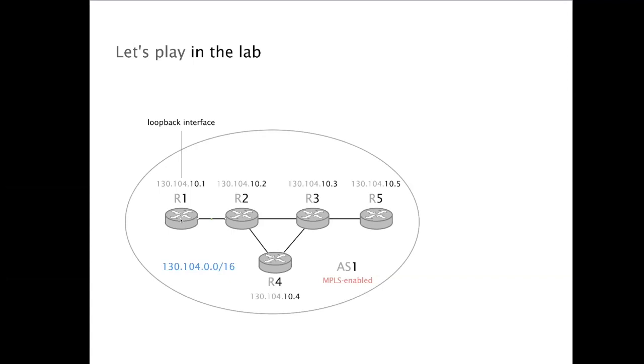This is called penultimate hop popping. It just means that the penultimate router, R2 in this case, on the return path will remove the label for you so that you don't need to do that on R1. We'll of course dive more into this later.